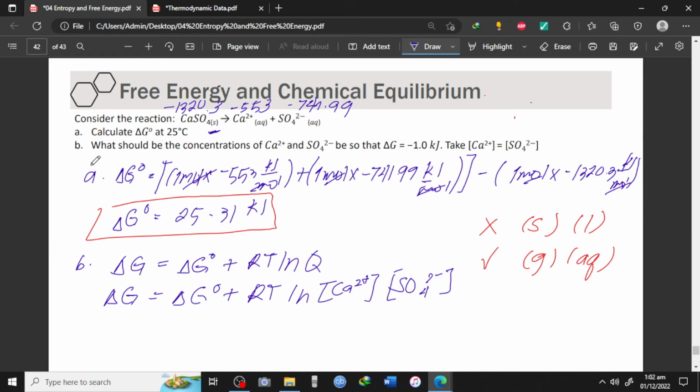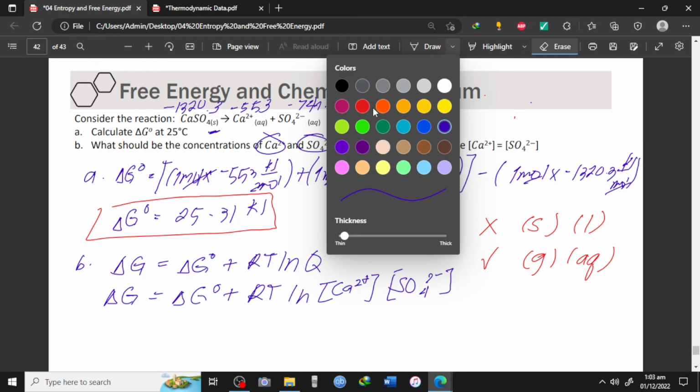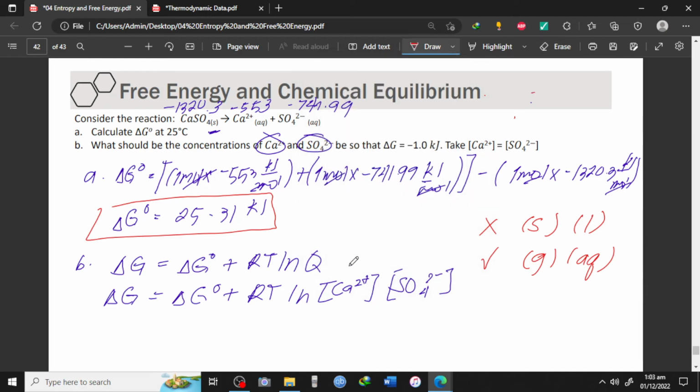Pero based on the problem, ang hinahanap daw natin is yung concentration ni calcium and ni sulfate. So let this and this be x. So gawin natin siyang x. Palitan natin na lang yung kulay para ma-identify nyo kung anong ginagawa natin dito. Let calcium and sulfate be x kasi nga sila yung hinahanap natin.